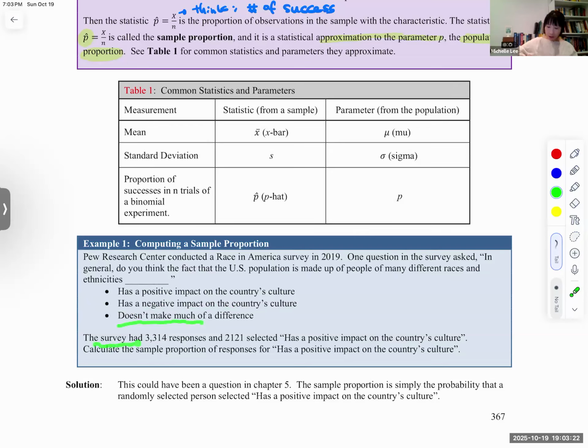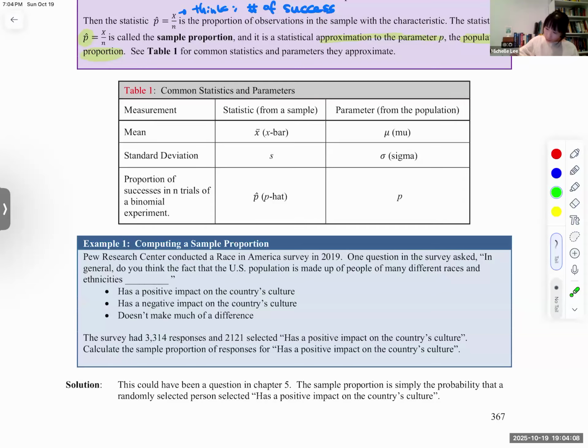The survey had 3,314 responses and 2,121 selected has a positive impact on the country's culture. Calculate the sample proportion of responses for has a positive impact.